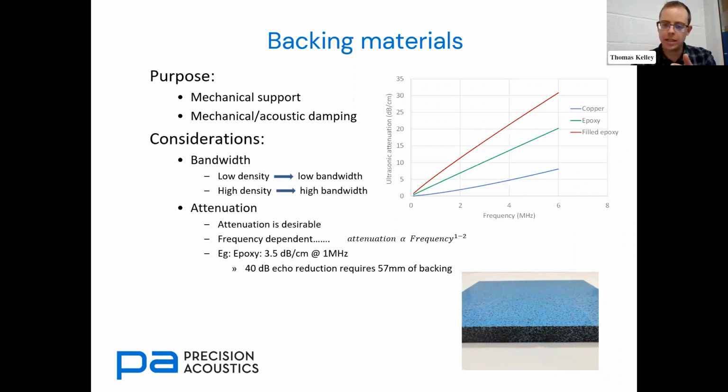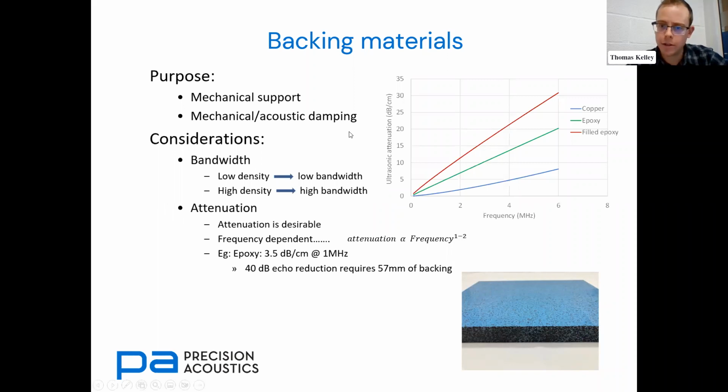It can resonate in the backing and end up going in the forwards direction, which you may think you could use to your advantage, but typically it's very difficult to control, and any energy going into the backing, you typically want to stay in the backing and never come back out. So we need to consider the acoustic properties of the backing as well as the mechanical properties very carefully.